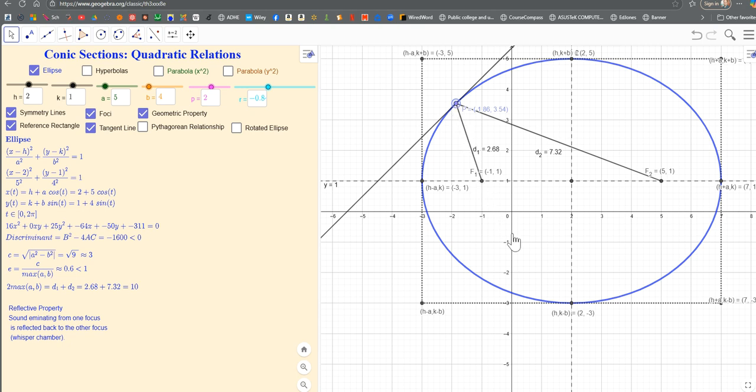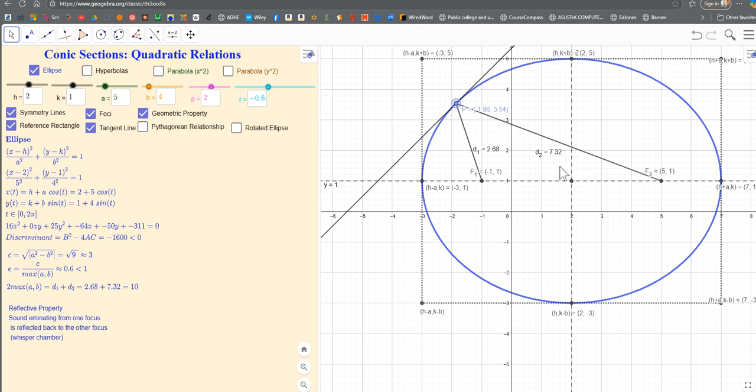Well, this is used in certain places, like, I don't know if you've ever been into a whispering gallery, but I've seen things like this, a room set up like this, or at least a shell set up on either end, where you can stand right here at the focus, say put your mouth or your head at this focus, and whisper something.